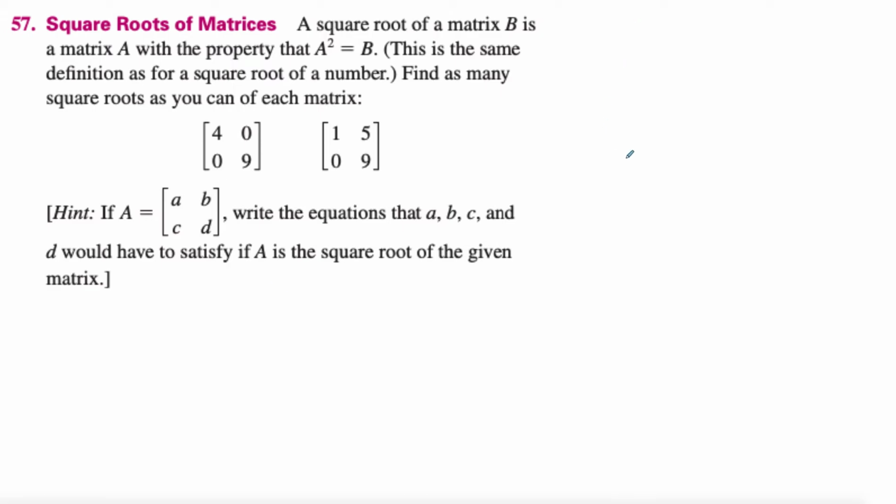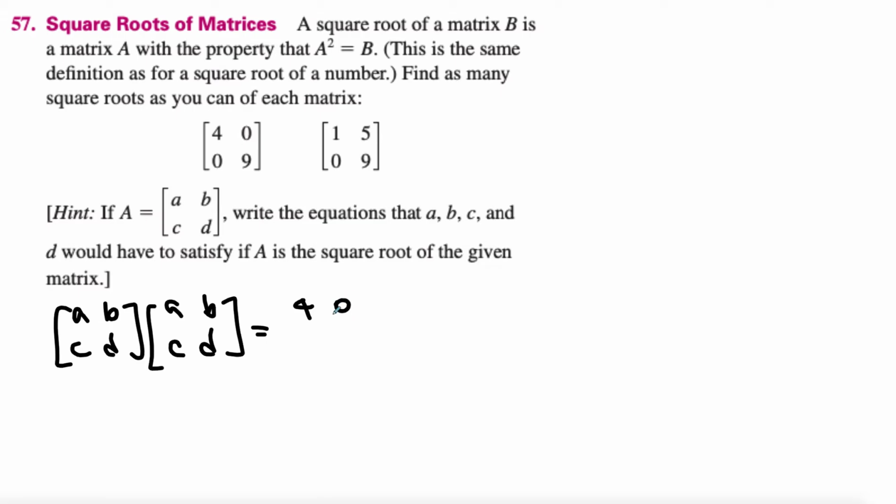So first, we'll say [A, B; C, D] multiplied by [A, B; C, D] should be equal to [4, 0; 0, 9]. We should be able to figure out 4 different equations here. When row 1 is multiplied by column 1, we consider first A squared plus BC has to be equal to 4.